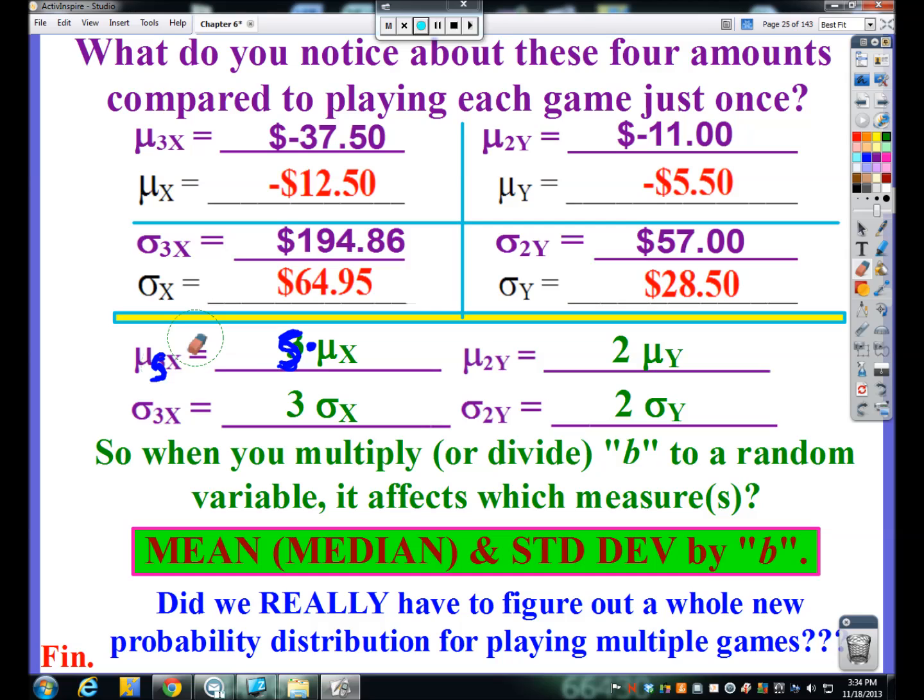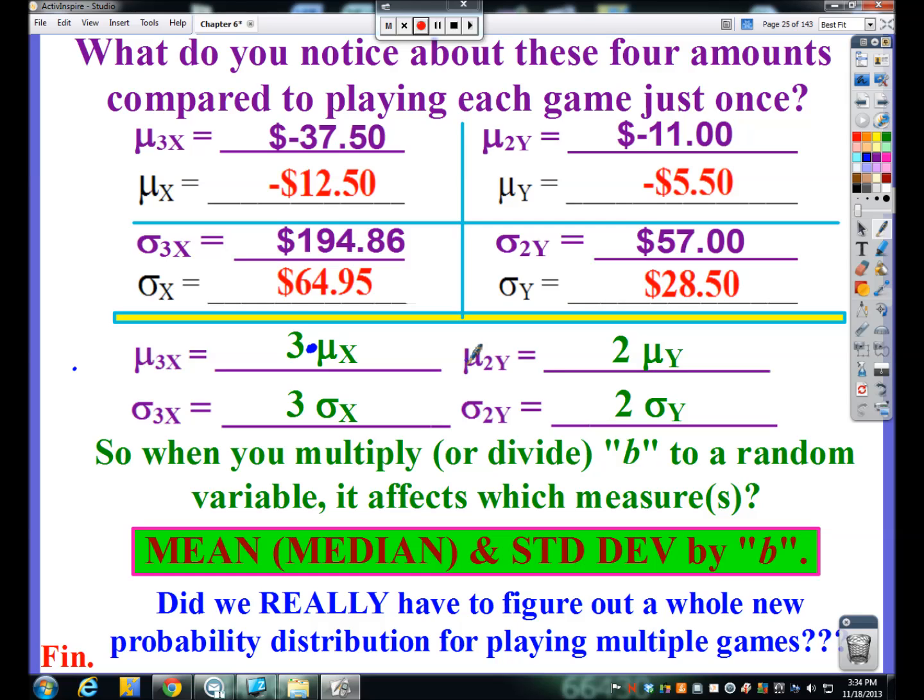Same thing would apply with division. Like let's say the regular version, the X version, is just too much for people. They don't want to play. So I say, all right, well, I'm going to cut all my amounts in half.